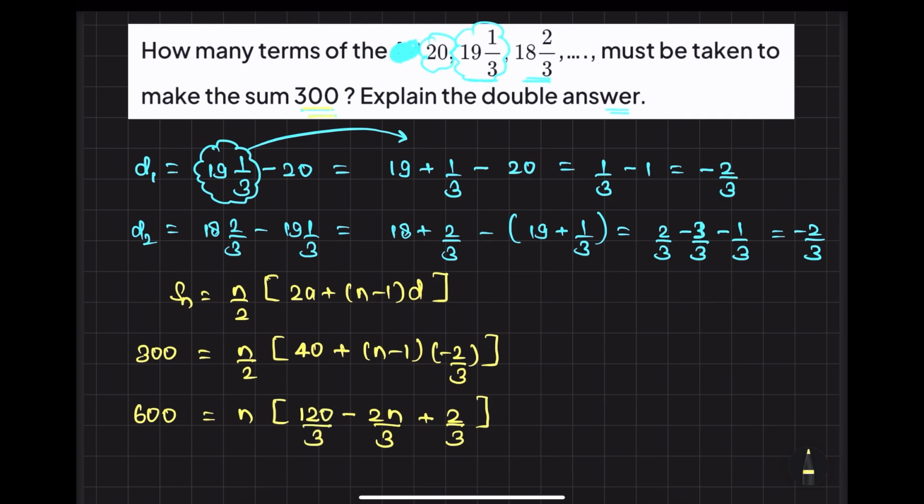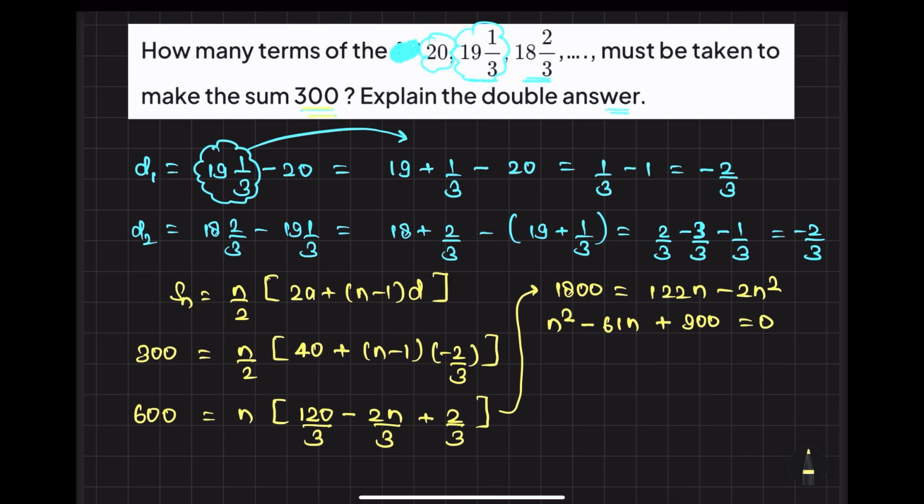Now again we can multiply both sides by 3, so we will be left with 1800 equals 122n minus 2n square. We will divide both sides by 2 and take everything on the left-hand side, so we will be left with n square minus 61n plus 900.